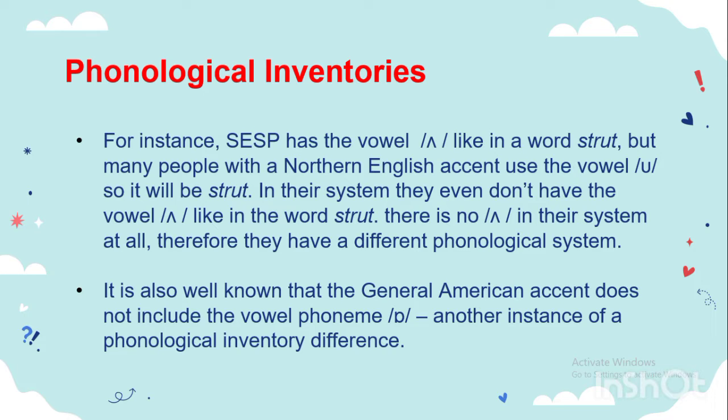In their system, they don't have the vowel /ʌ/ at all. Therefore, they have a different phonological system. It is also well known that the general American accent does not include the vowel phoneme /ɒ/. This is also another instance of a phonological inventory difference.